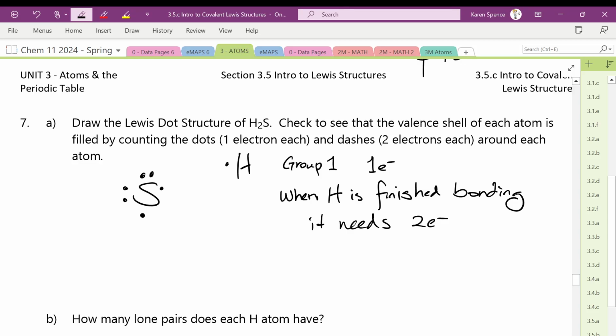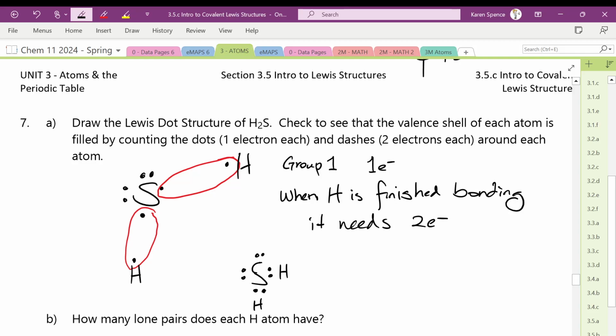Okay, so if I've got a hydrogen here, and I've got a hydrogen here, then hydrogen can share with sulfur here, and this hydrogen can share with sulfur there. So we have sulfur, and we have hydrogen here, and we have hydrogen here.